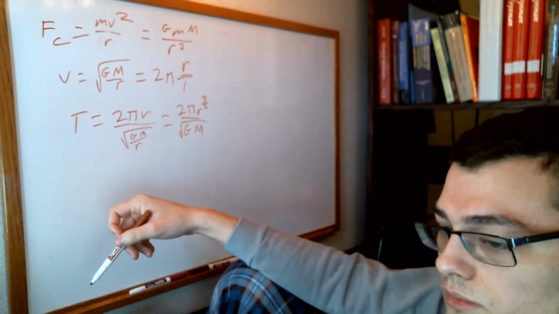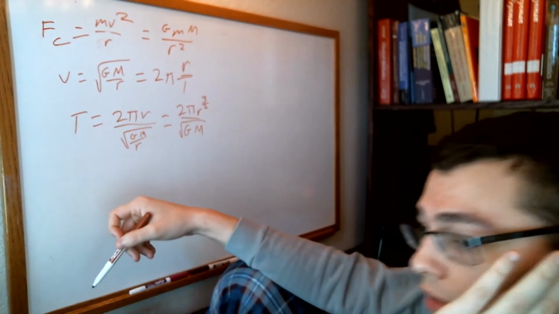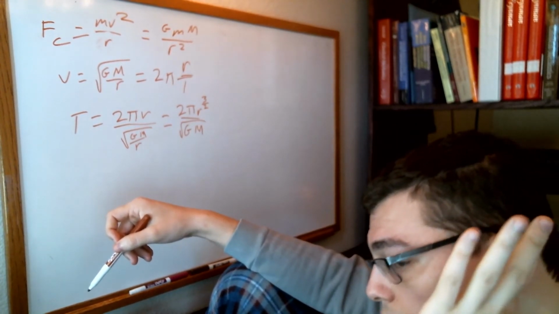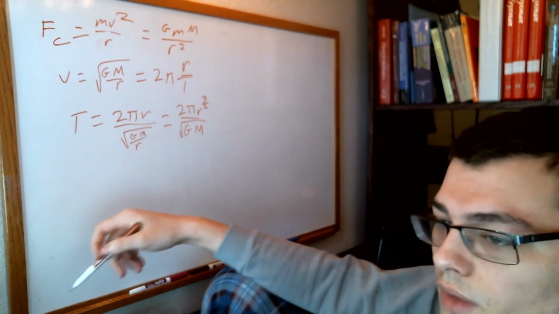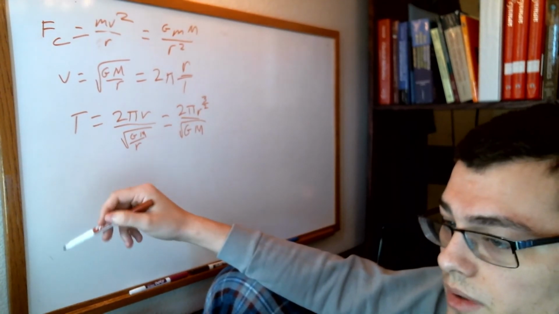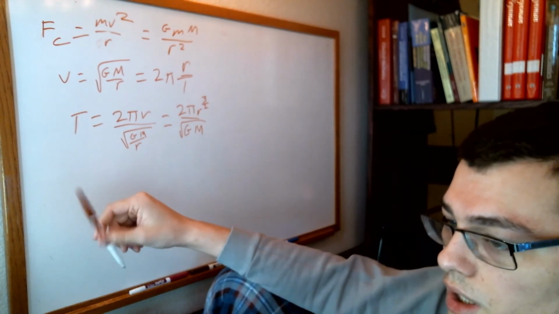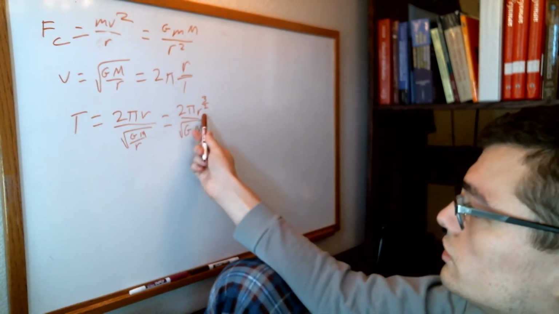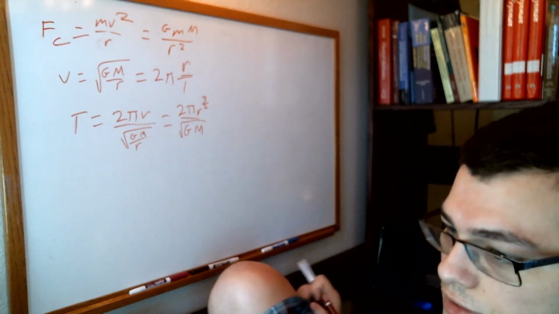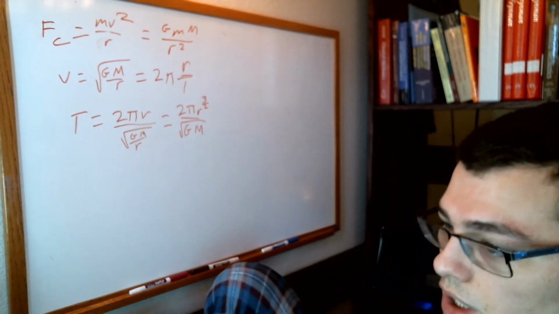Okay, and then we have to remember that for these two planets, the mass of the star is going to be the same, so the period is going to be proportional to r to the 3/2. This is basically what we've just derived.